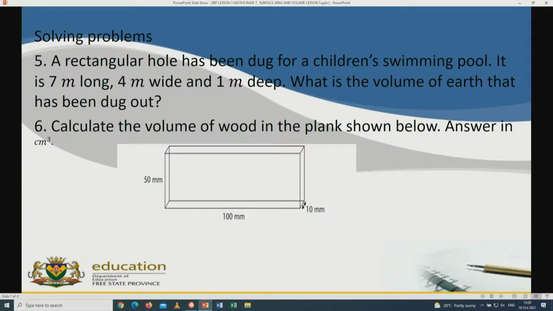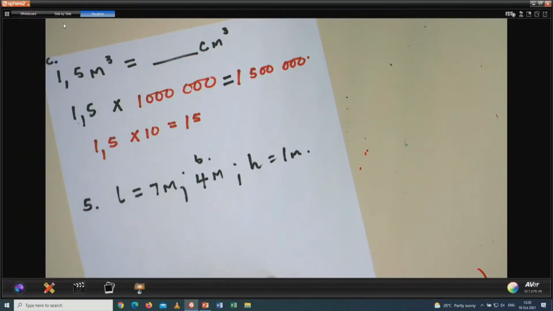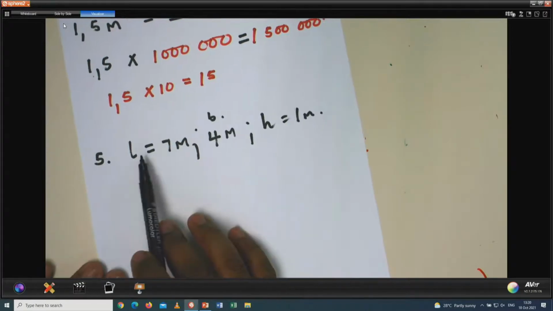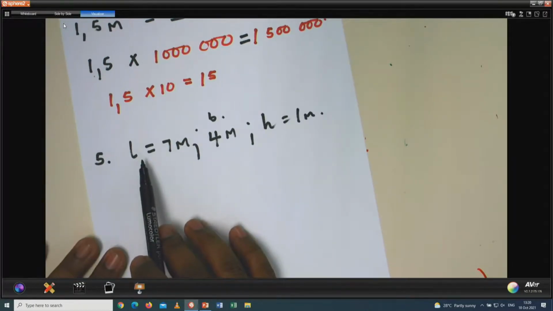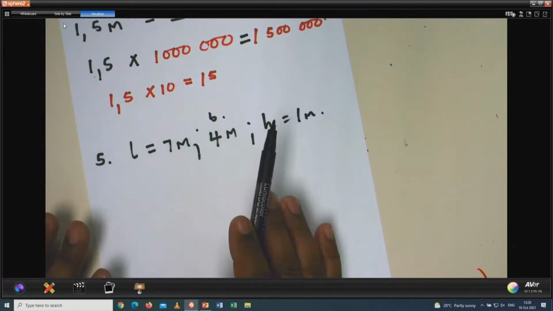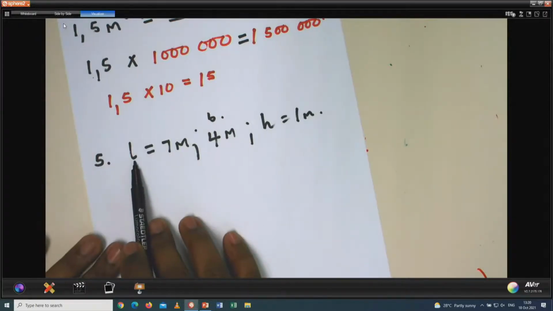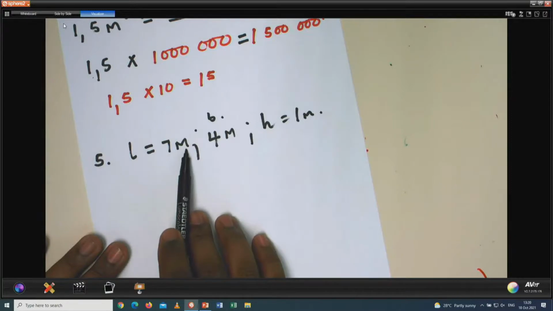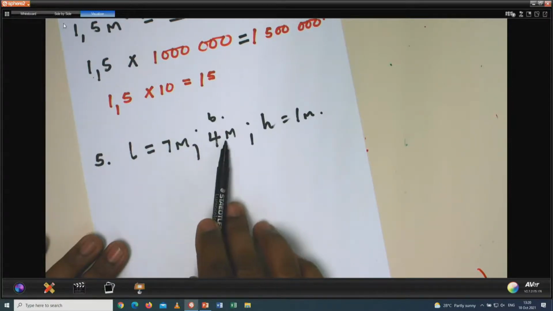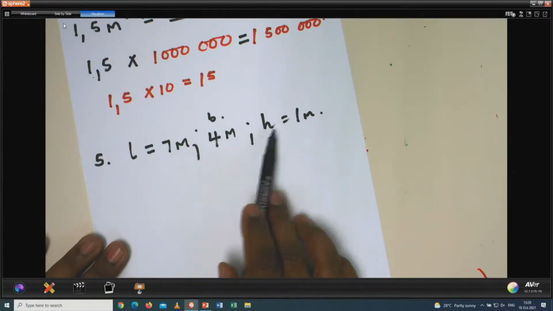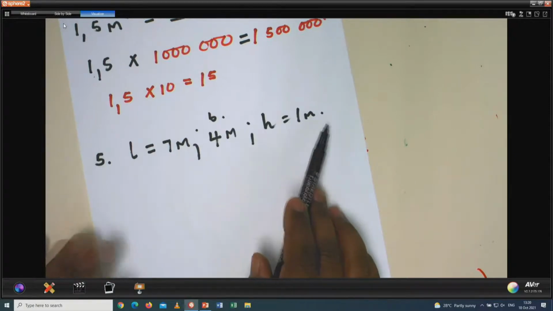This will be the height. Right. Now I have the information here. Now we want to see the volume. The length is 7 meters, the breadth is 4 meters, and the height is 1 meter.